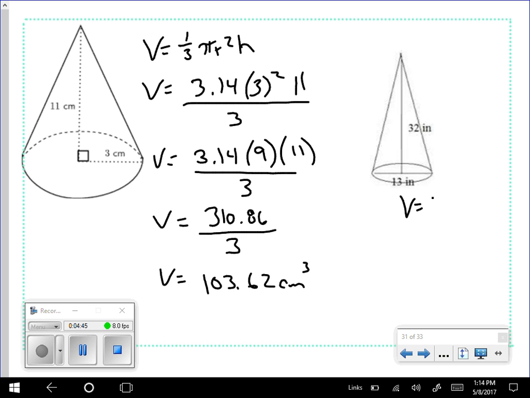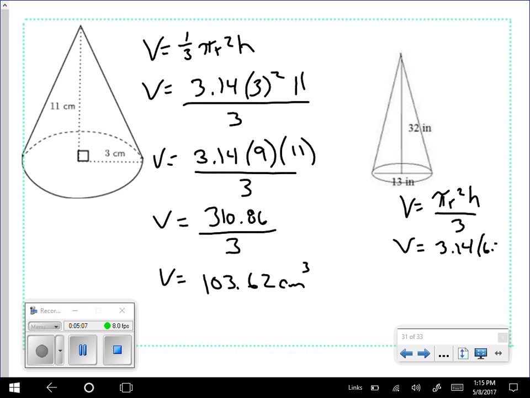Volume equals pi r squared h divided by 3. I know a lot of you don't like the fractions, that's why I'm trying to avoid it. So if we plug in what we know, we would have 3.14. Now be careful here. What is our radius? Well, it's not 13. That's all the way across. It would be half of 13, which is 6.5.